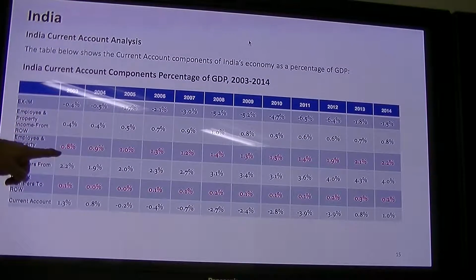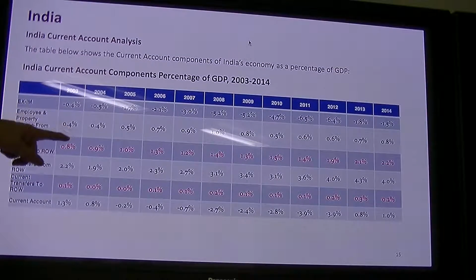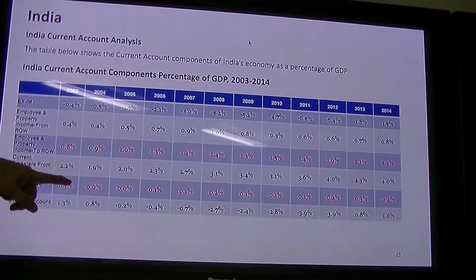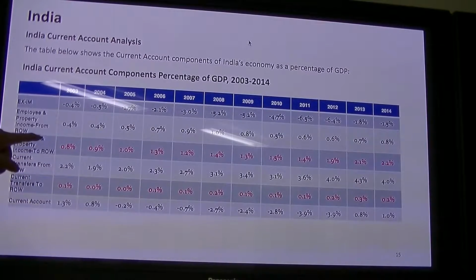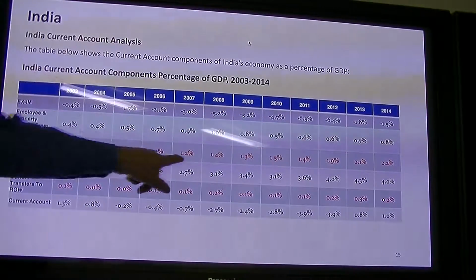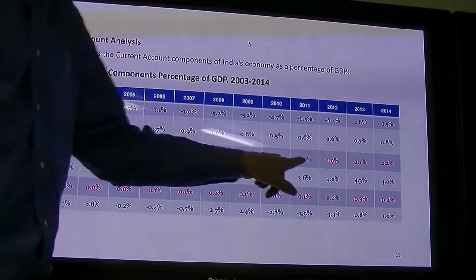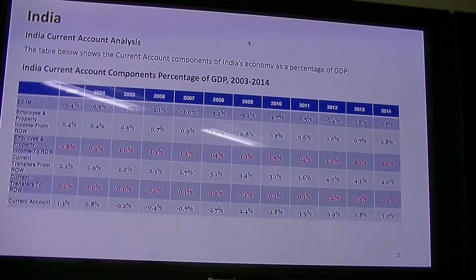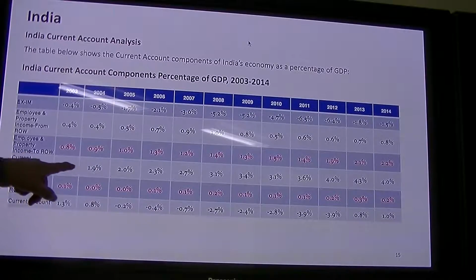This is a plus, this is inflow, outflow, inflow, outflow. You can see that the property income to the rest of the world, see how that's increasing? It's under 1% and increases over 2%. That's the effect of international investment. And then you can see here's the effect of transfers from the rest of the world.